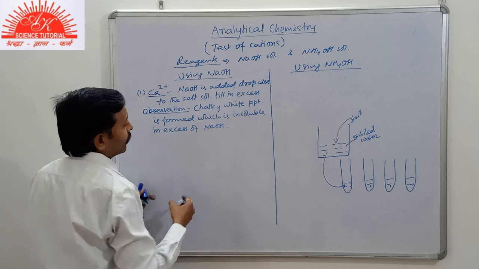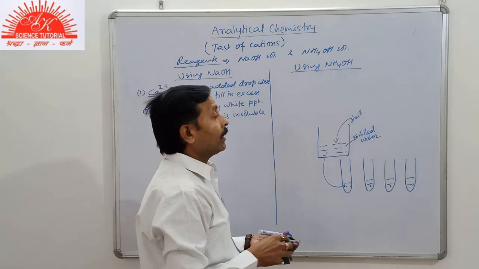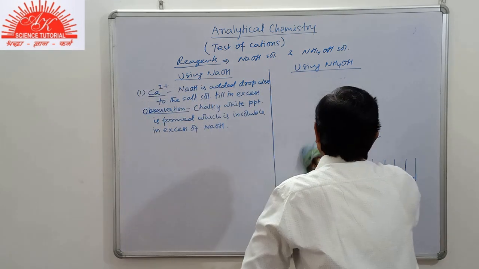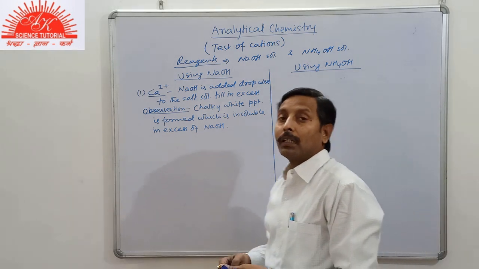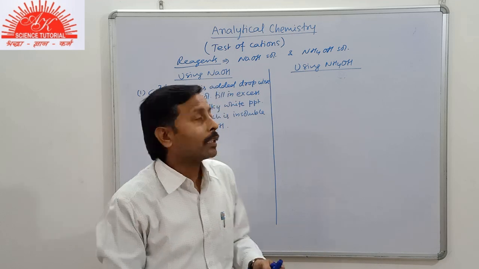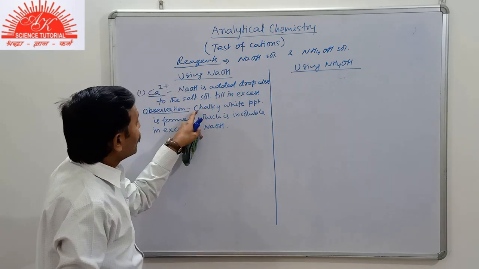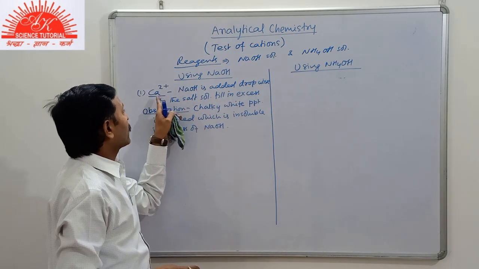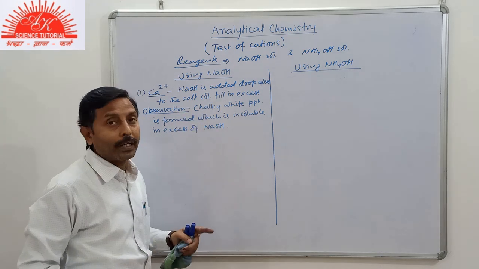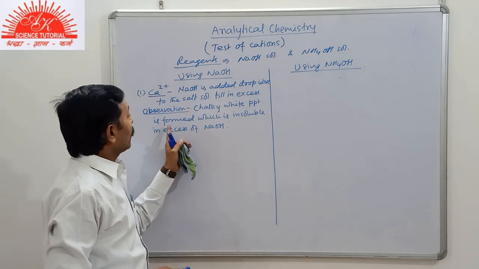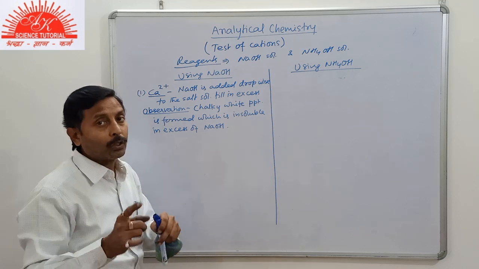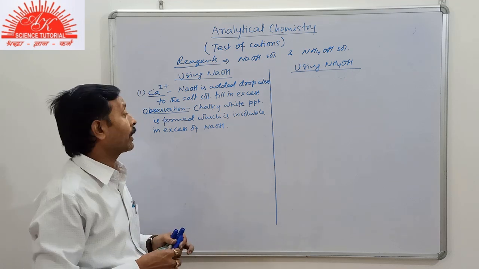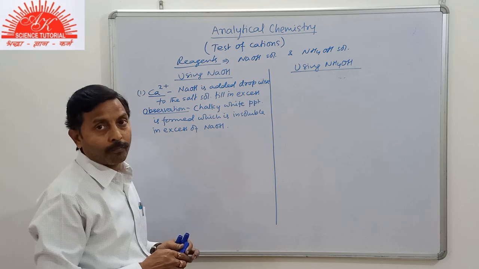So this is the observation. It means you will get a white precipitate. In board examination, you can directly write white precipitate, but in school examination, teachers also mark for this type of words. Like for calcium, it will be chalky white precipitate. So a white precipitate will be formed, which will not dissolve in excess of NaOH.